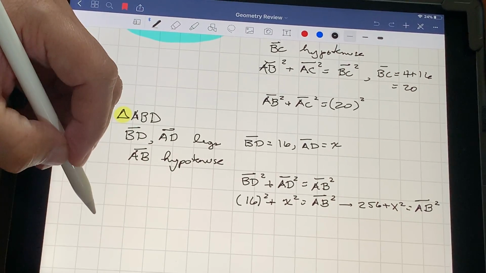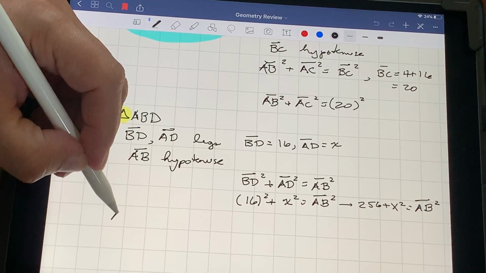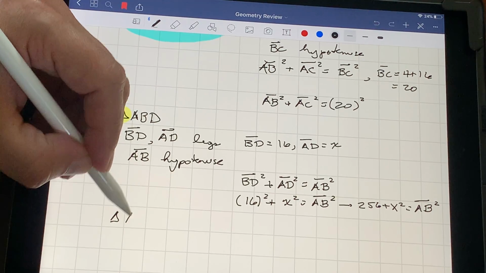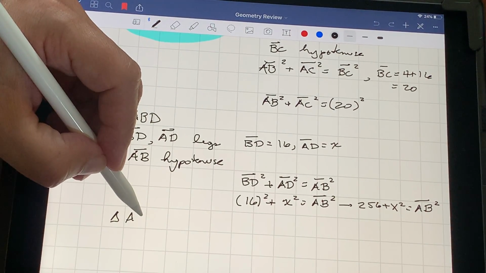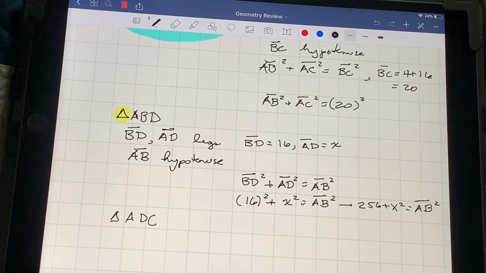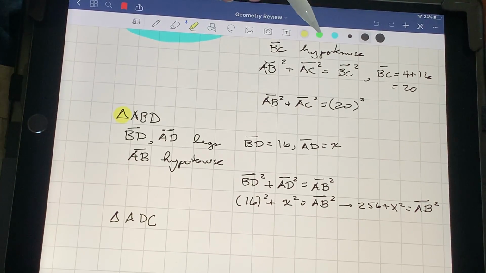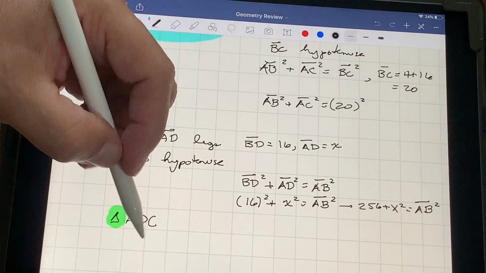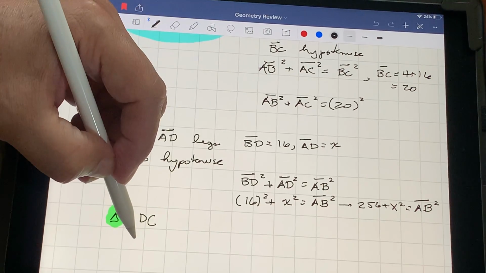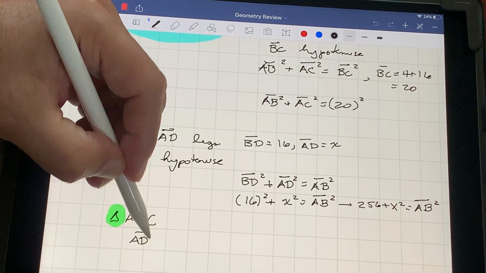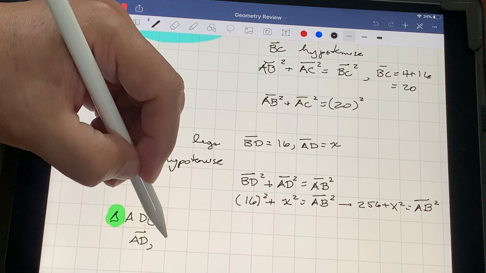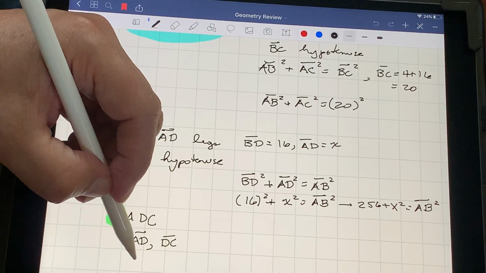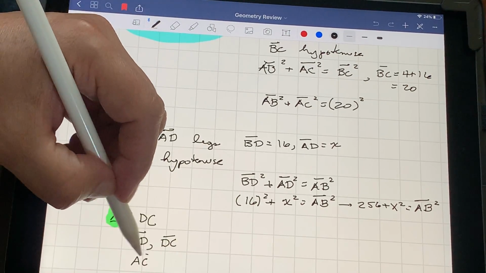So my triangle ADC, which we'll identify with this color, has legs AD and DC with hypotenuse AC.